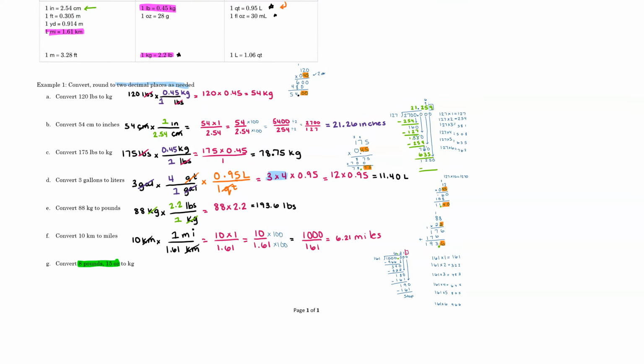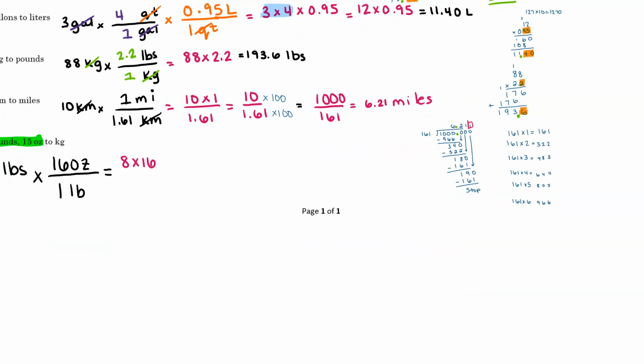So we're going to first convert 8 pounds to ounces. In 1 pound, there's 16 ounces, which means the math that I'm doing is 8 times 16, which I may need to do out here. So 16 times 8. 8 times 6 is 48. Carry the 4. 8 plus 4 is 12, 128.